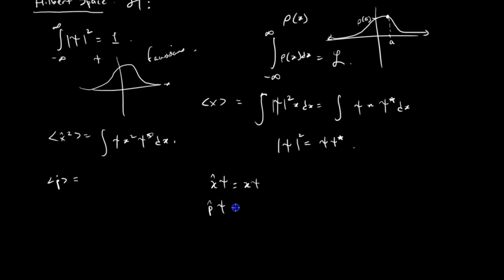The momentum operator in quantum mechanics is a function in and of itself. The momentum operator is actually denoted as i over h bar d over dt. I mean, no, not d over dt.